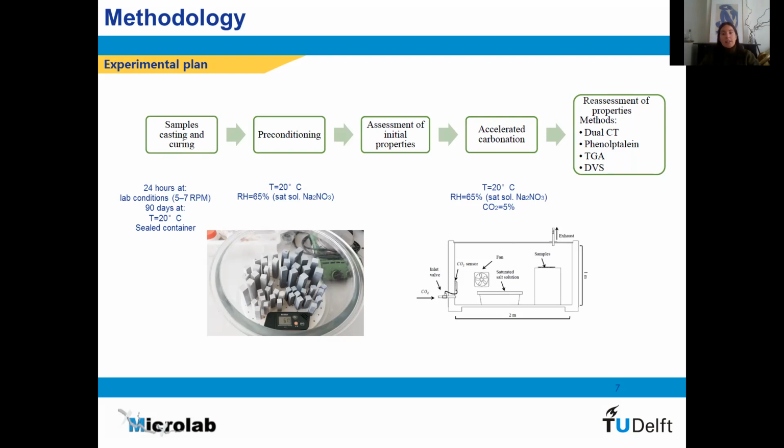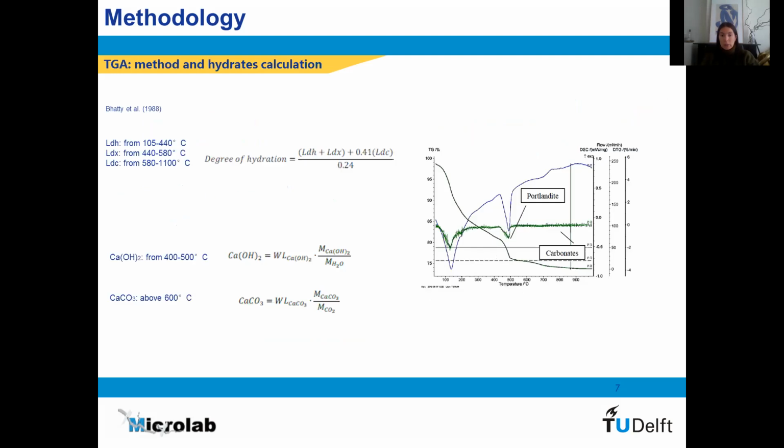After this initial assessment, we expose the sample to accelerated carbonation with a CO2 concentration of 5%. And we reassess the properties that I will talk a little bit more about later, using the methods that I list here, during and at the end of the experiments as well.